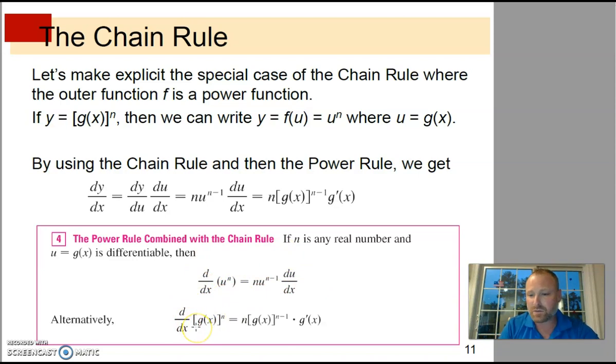We had a square root before, now we don't. We have g of x to the nth power. To find the derivative, we take the n, put it in front, subtract 1 from it to get n minus 1, but then we also have to multiply that by the derivative of g of x. Remember, this is a composition of functions, in the same way that we worked with before.